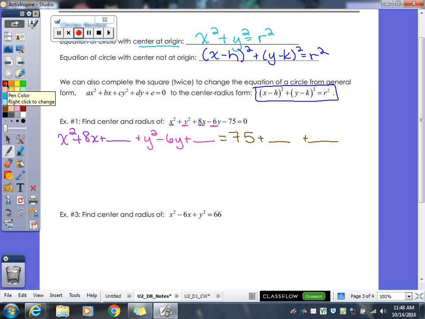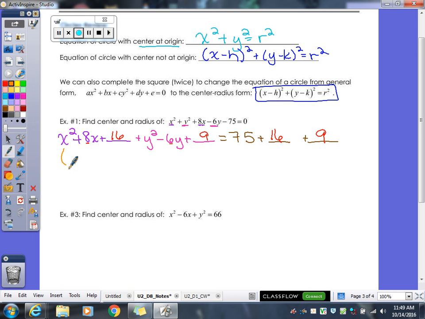So looking at our x's, if I take 8 divided by 2 and square it, what do we get? 16. So I'm going to put that in the first space on both sides of my equal sign. For my y's, take 6 divided by 2 and square it. 9. So I put 9 on both sides of my equal sign.